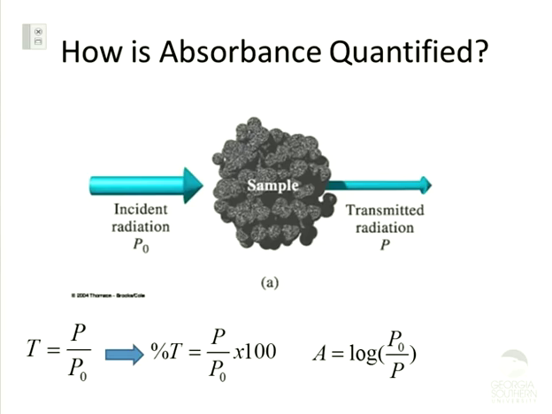If I move the negative sign out in front, what do I have to do to this ratio? Yeah, P over P naught. But P over P naught is T. So I could write this as absorbance equals negative log of transmittance.